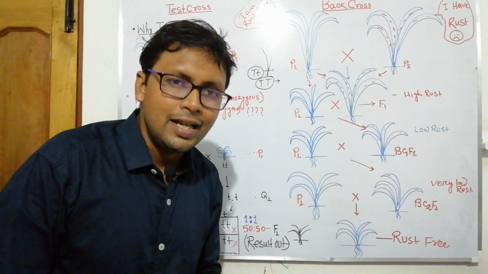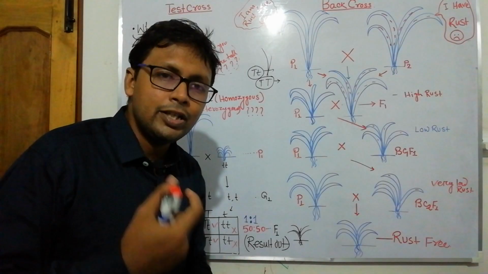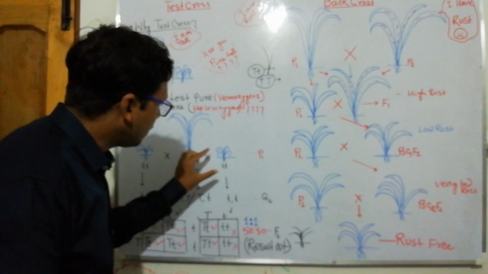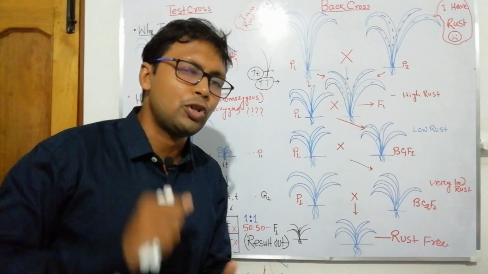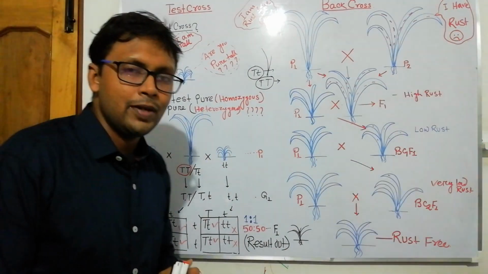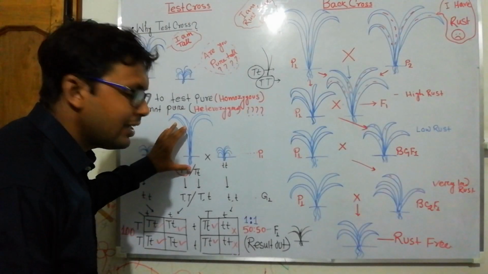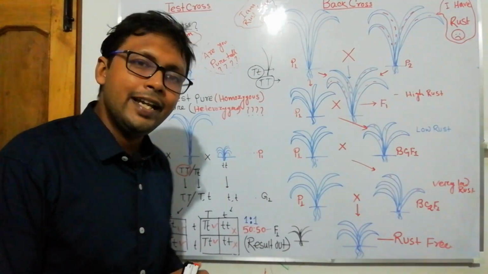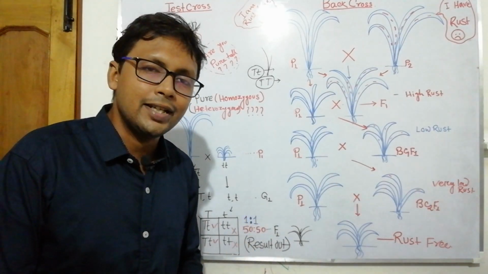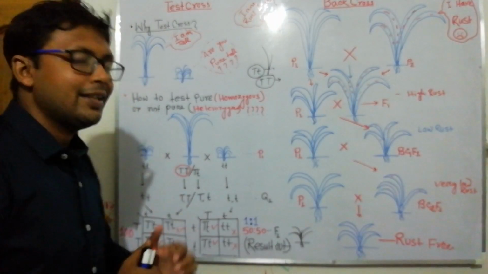If only one is present along with a capital T, then it will be tall. So it is crossed with a pure short variety plant. When it is crossed with a pure short plant, if it is homozygous, then it will produce one kind of ratio, and if it is heterozygous, it will give another result.